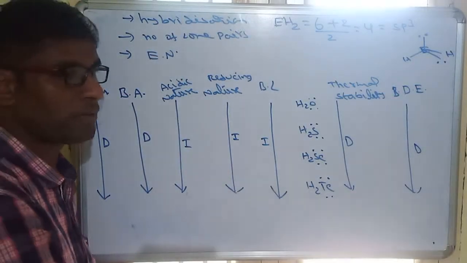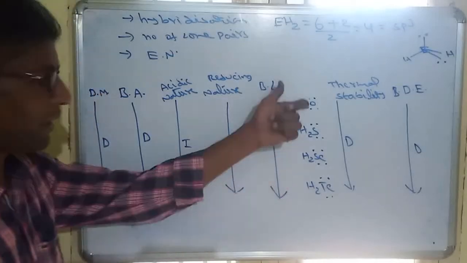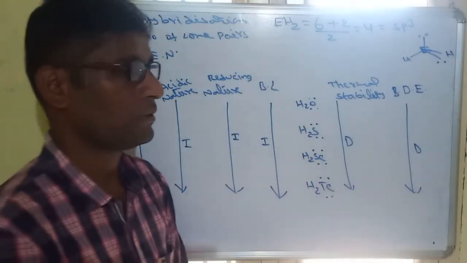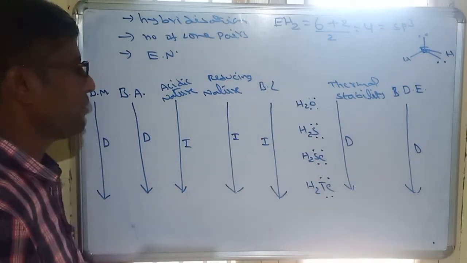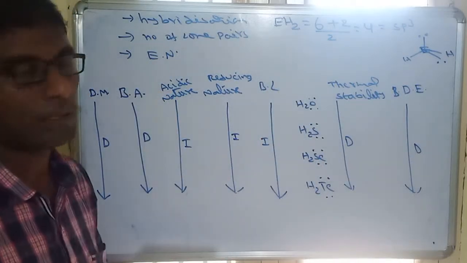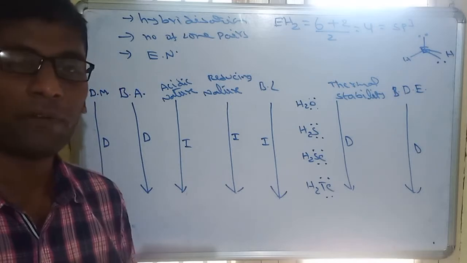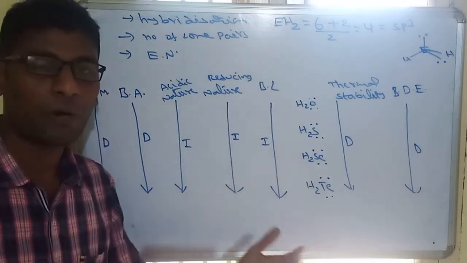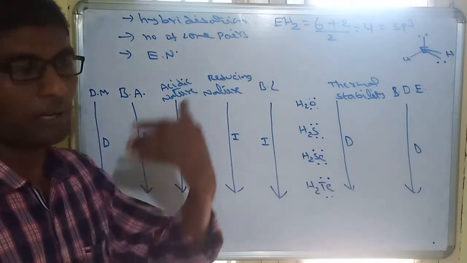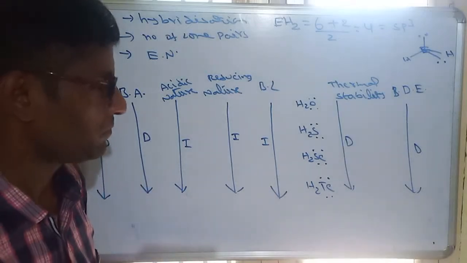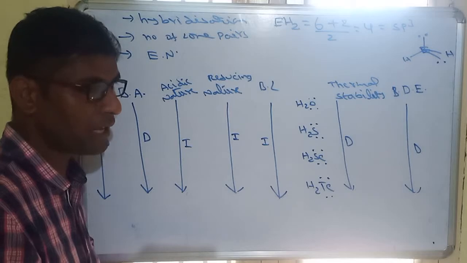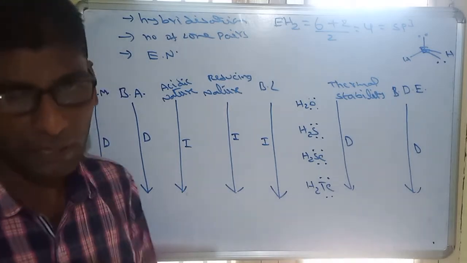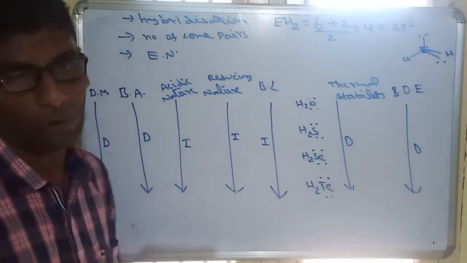Sometimes the question will be asked like this: why does bond angle decrease top to bottom? When we move top to bottom, electronegativity decreases. The decrease of electronegativity means a decrease of s character or an increase of p character. Since s orbitals are more electronegative, a decrease of s character or an increase of p character will decrease bond angle.